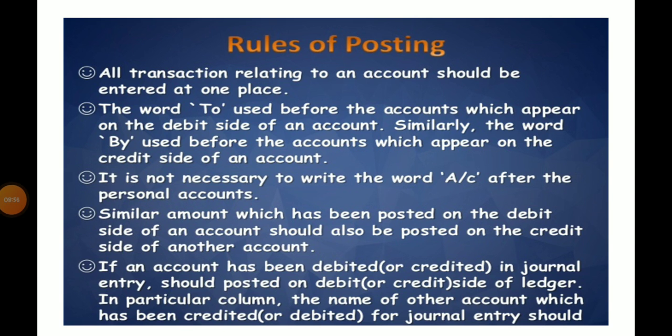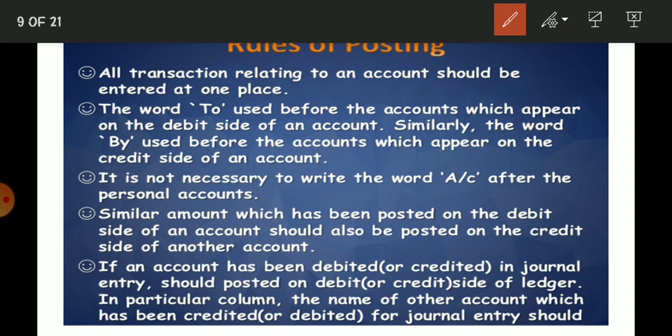Next is, if any account has been debited or credited in the journal entry, it should be posted on the debit or credit side of the ledger. Suppose you make an entry that cash account is debited to capital.